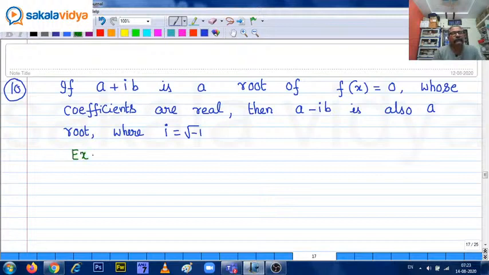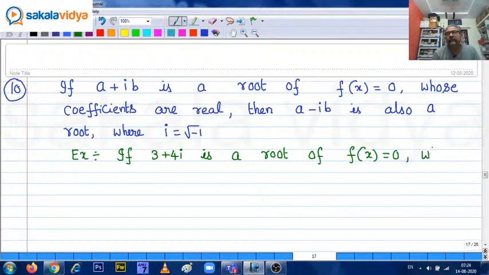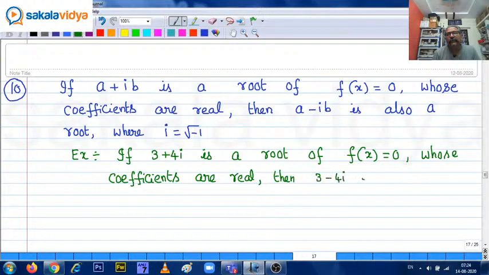Example, if 3 plus 4i is a root of f of x is equal to 0, whose coefficients are real, then 3 minus 4i is also a root of f of x is equal to 0.